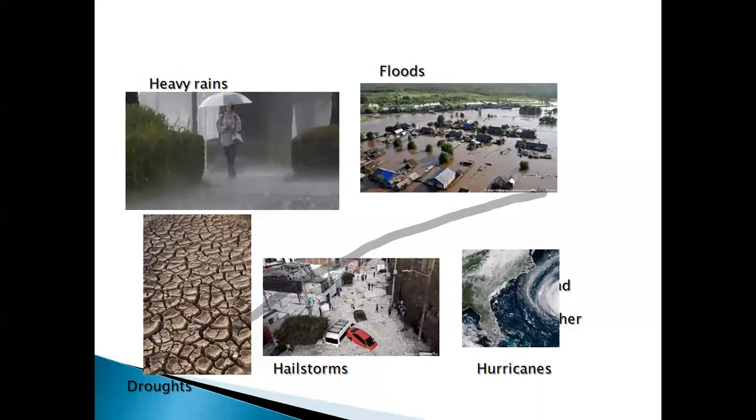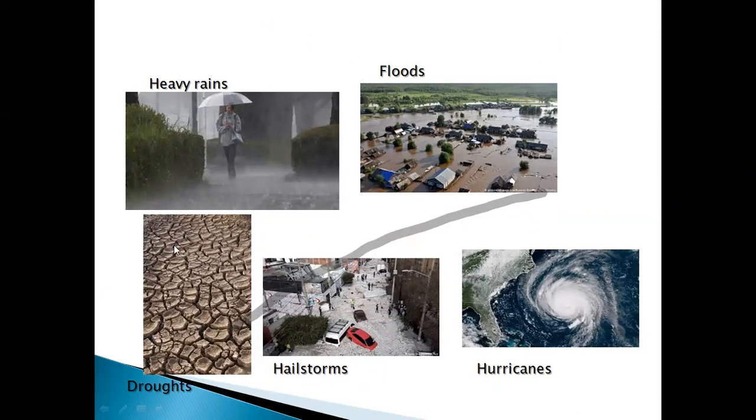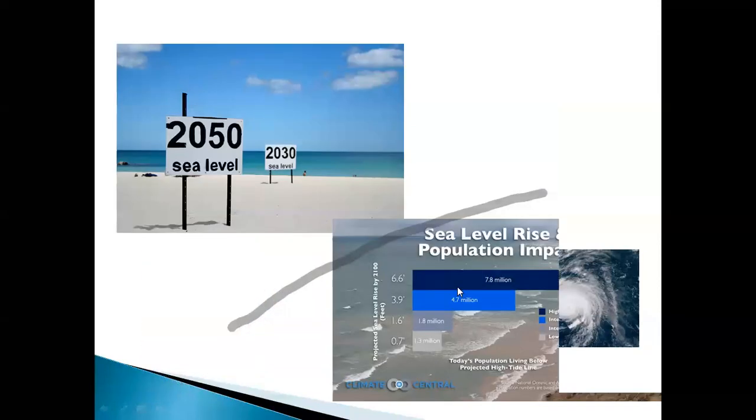Yes. So, consequence, heavy rains, or the opposite, drought, hailstorms, floods, or we have more damage when hurricanes happen. As you say before, the sea level is increasing, so more water in the oceans because of the shrinking of glaciers or snow capes.